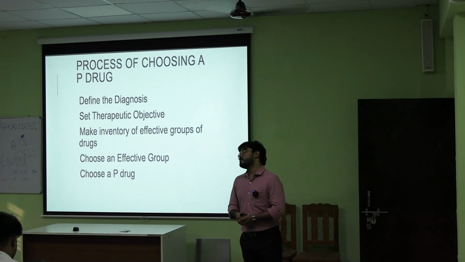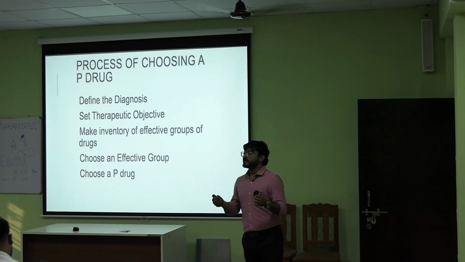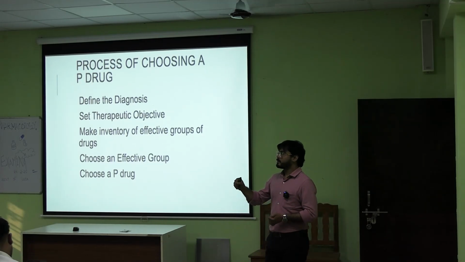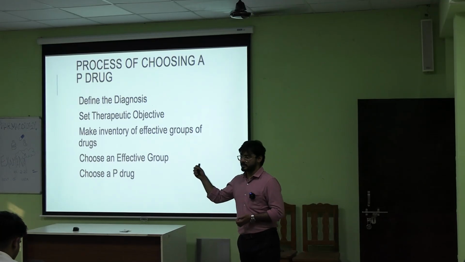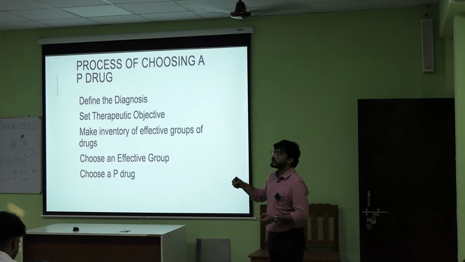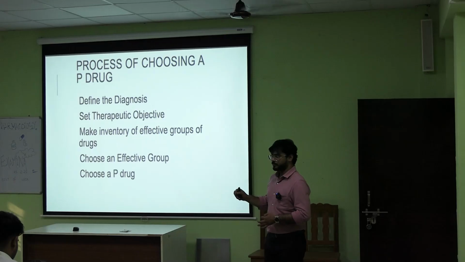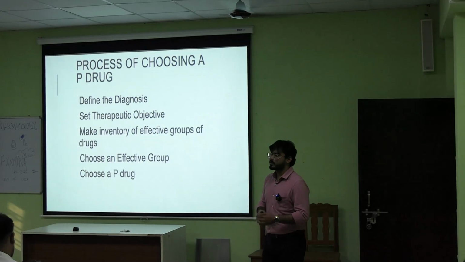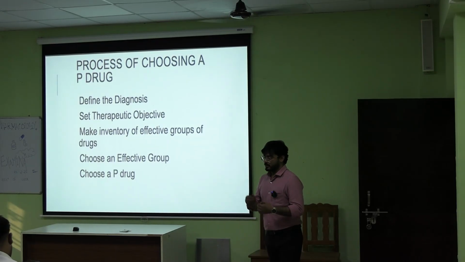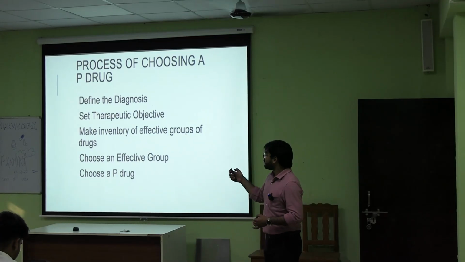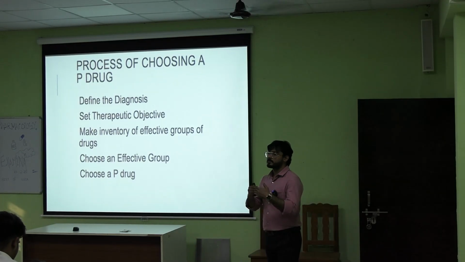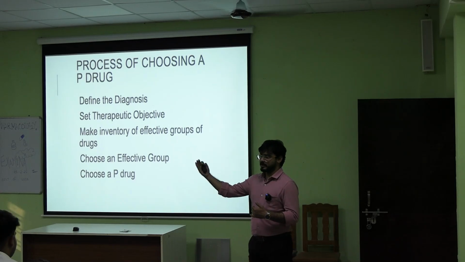ठीक है. Now, you prescribe a drug. Let's say the patient is having BP of, let's say, 200 systolic and diastolic is, let's say, 120. Now, would you give the patient a very low dose drug and expect the patient to recover? Okay? Now what you will do, you will give him something in the mid range or in high range.